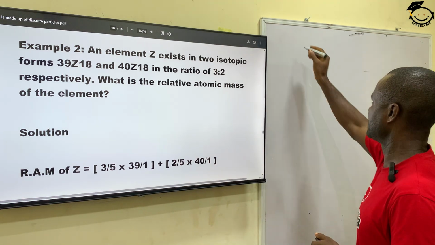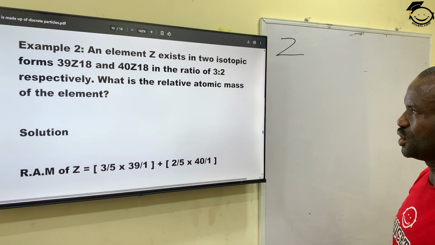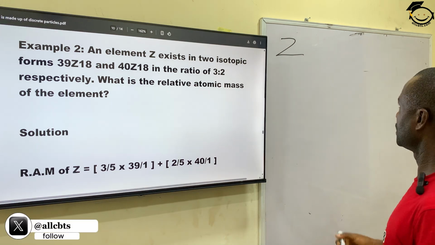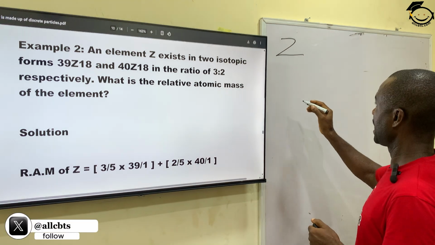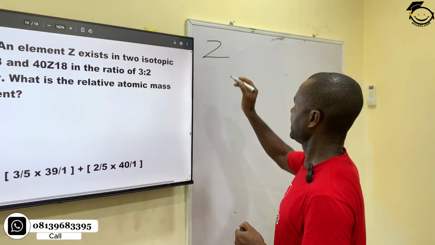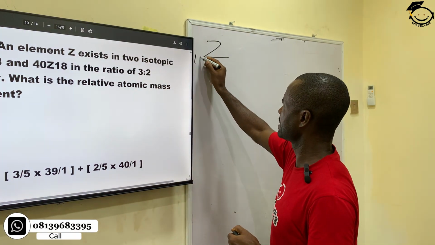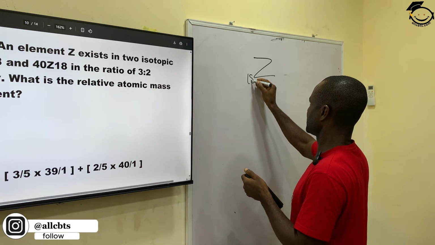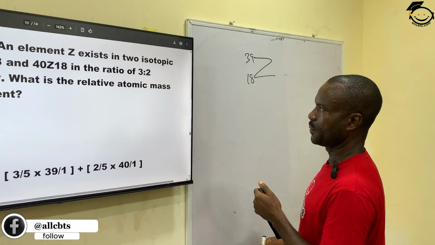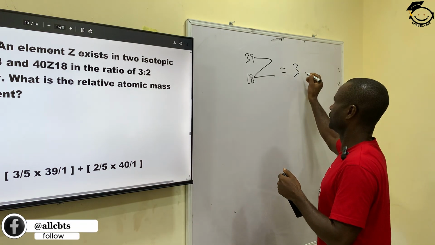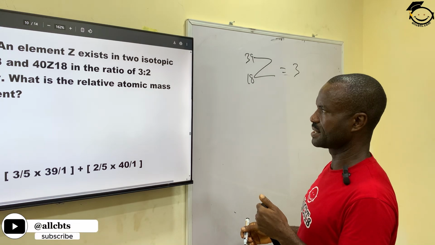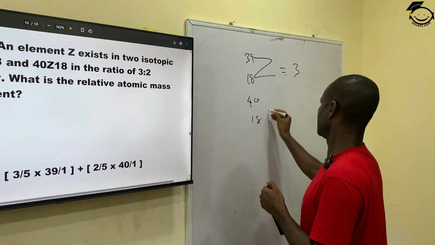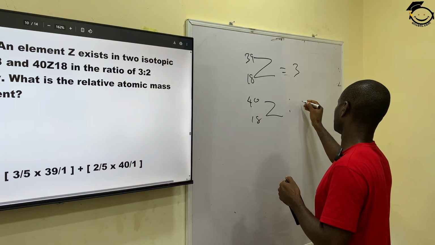We said the element is Z, occurring in two isotopes. The first one is Z-39, with the ratio of 3. Then the other one is Z-40, with the ratio of 2.